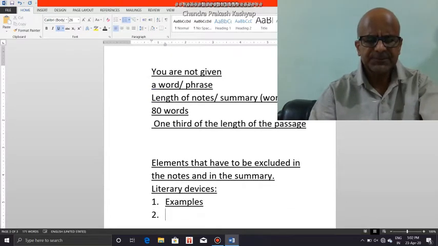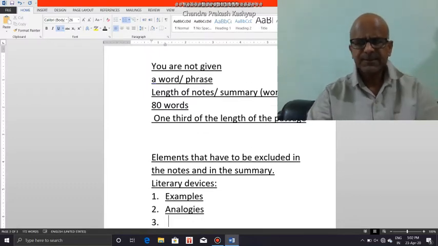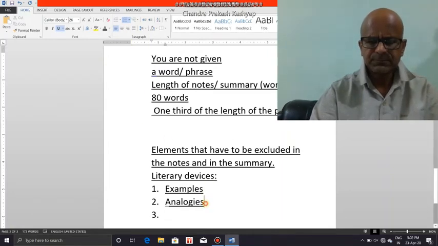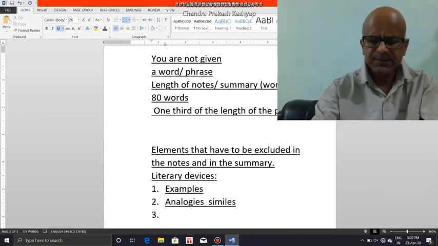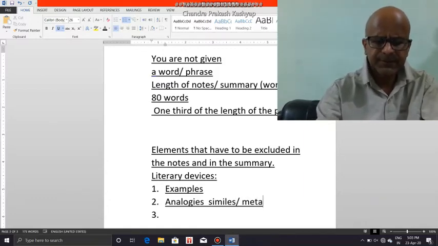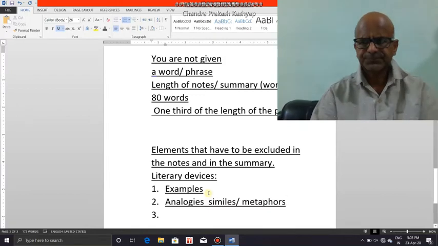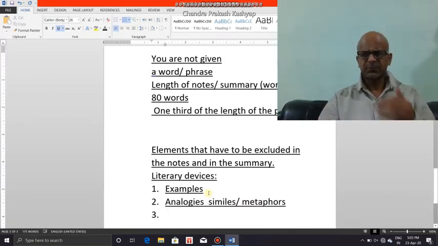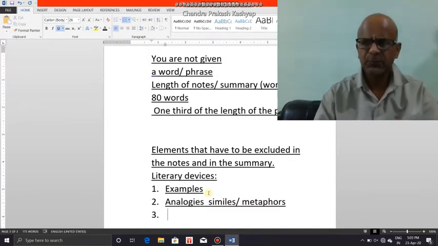He would establish comparisons, analogies, by way of similes and metaphors, only to help the readers understand what he wants to say.